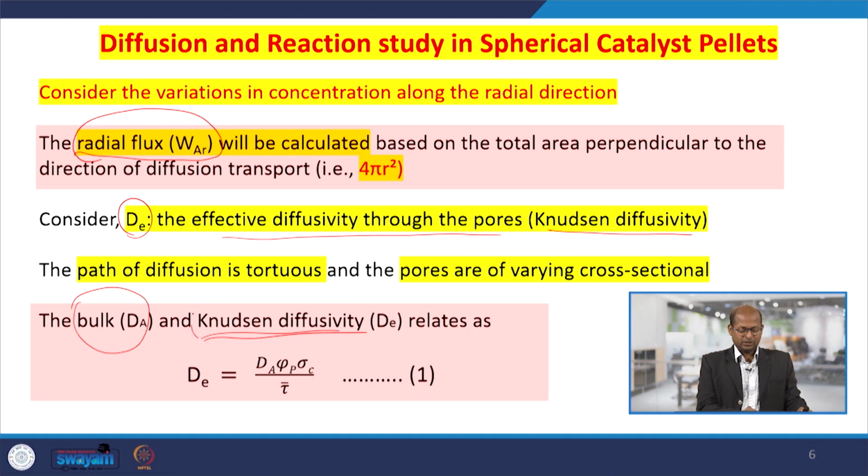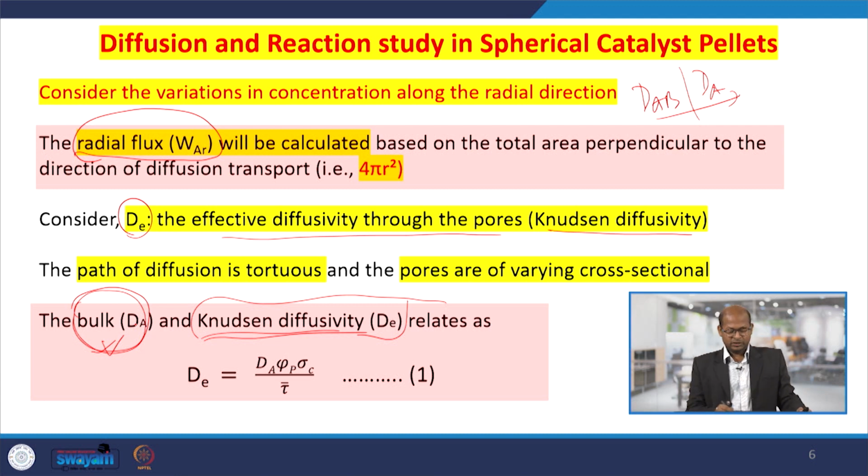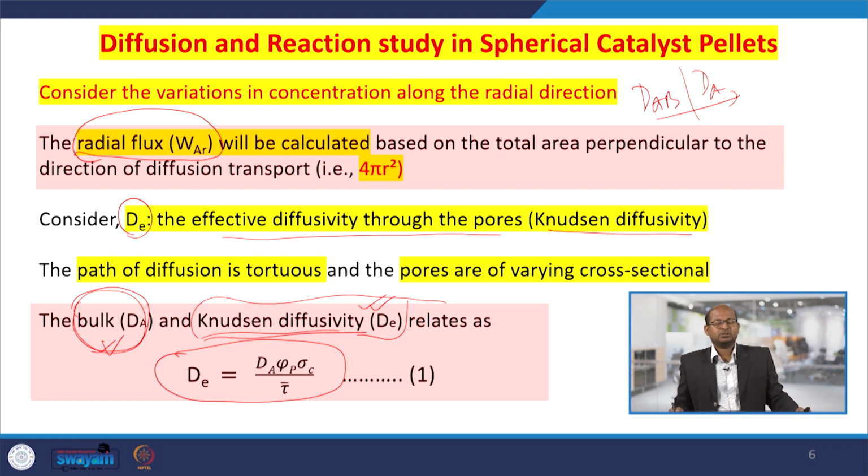That is usually called Knudsen diffusivity, expressed as small d e, and bulk diffusivity or equimolar counter diffusion can be expressed as dAB or dA, whatever. So, that is bulk diffusivity, and this is Knudsen diffusivity. Now Knudsen diffusivity and bulk diffusivity are related by this equation. Once we know the bulk diffusivity and other parameters, we can easily find dE using this.